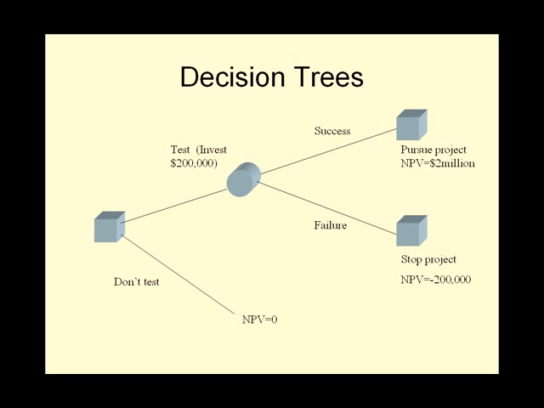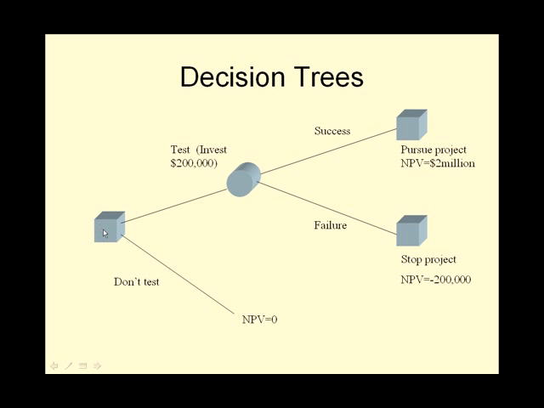Here we have a representation of a decision tree. The decision tree is typically mapped out by decision points, represented here by cubes, and sometimes by result points, represented here by a cylinder. The situation that's represented here is the decision to test a new product, let's say a new drug compound.